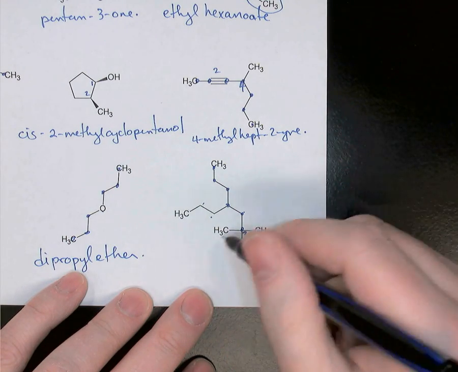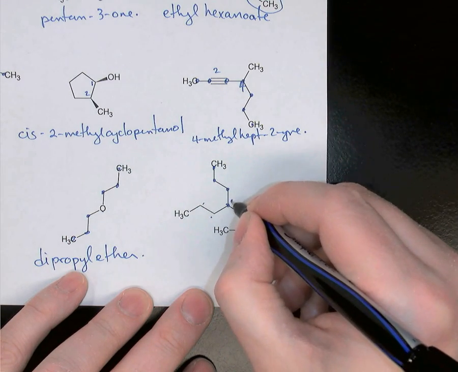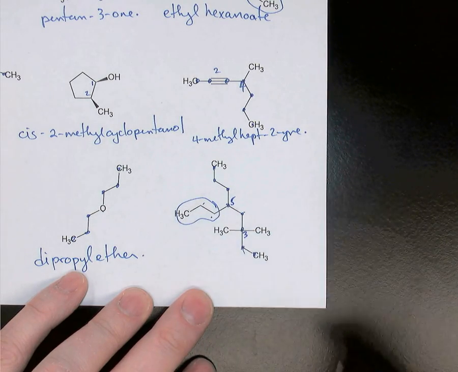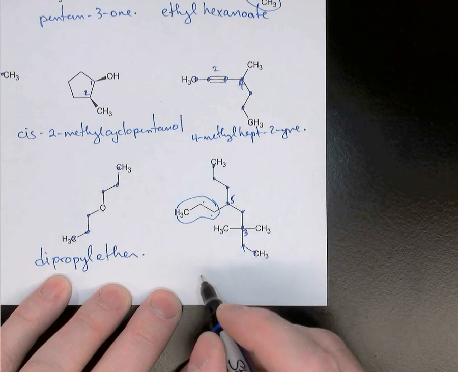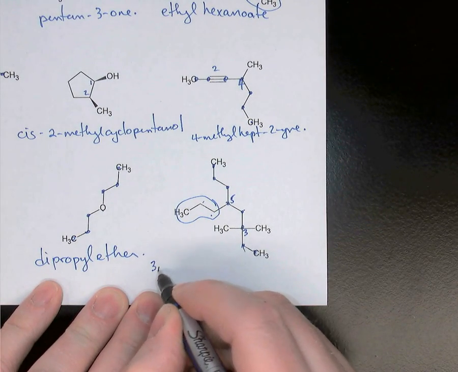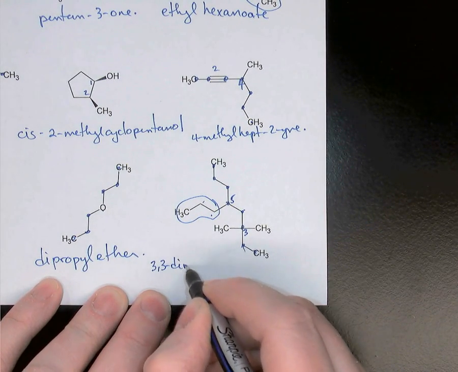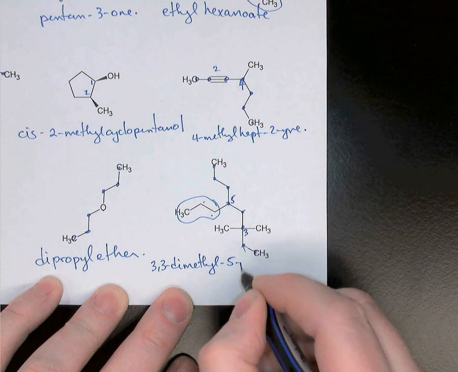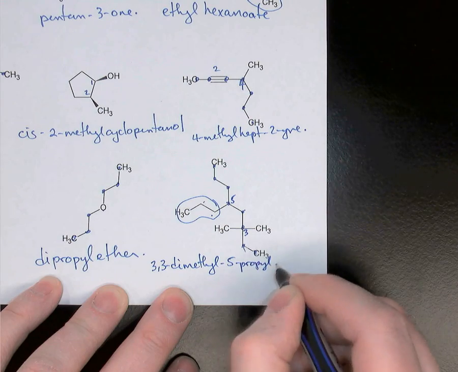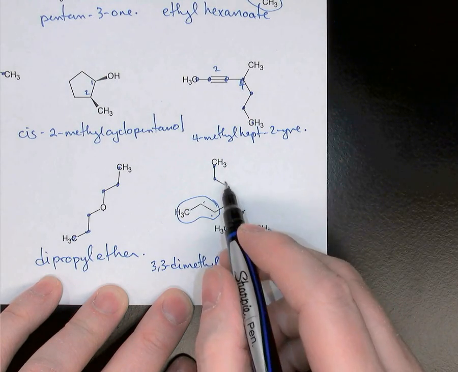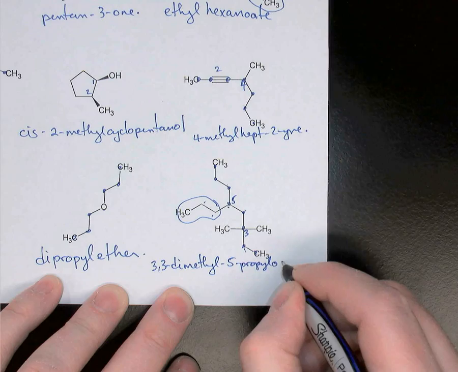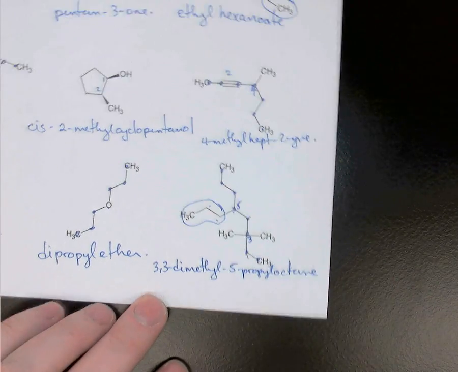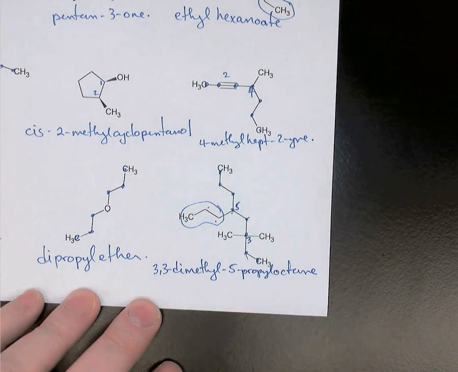Carbon 3 has 2 methyl branches, and carbon 5 has a propyl branch, 3 carbon branch. So putting them alphabetically, this would be 3,3-dimethyl-5-propyl, and 5, 6, 7, 8 carbons, octane. 3,3-dimethyl-5-propyloctane.